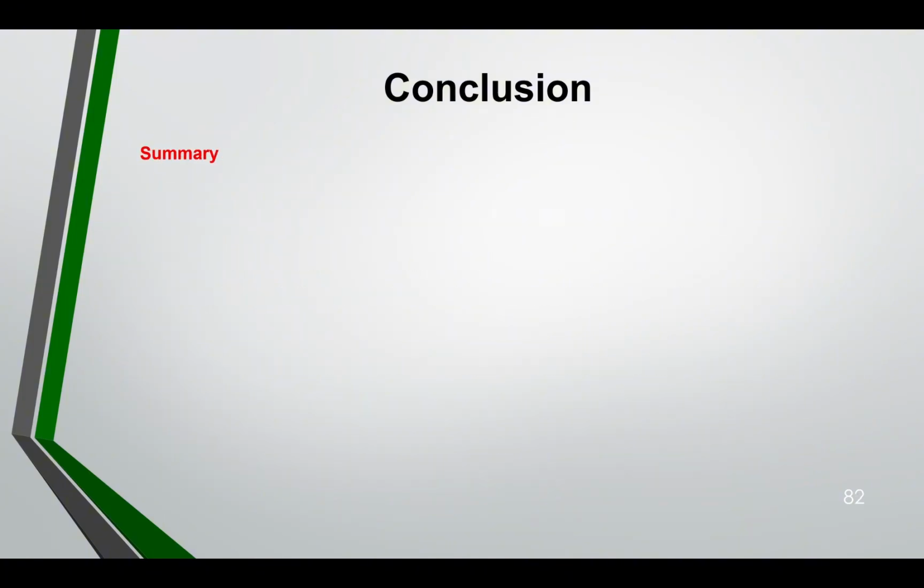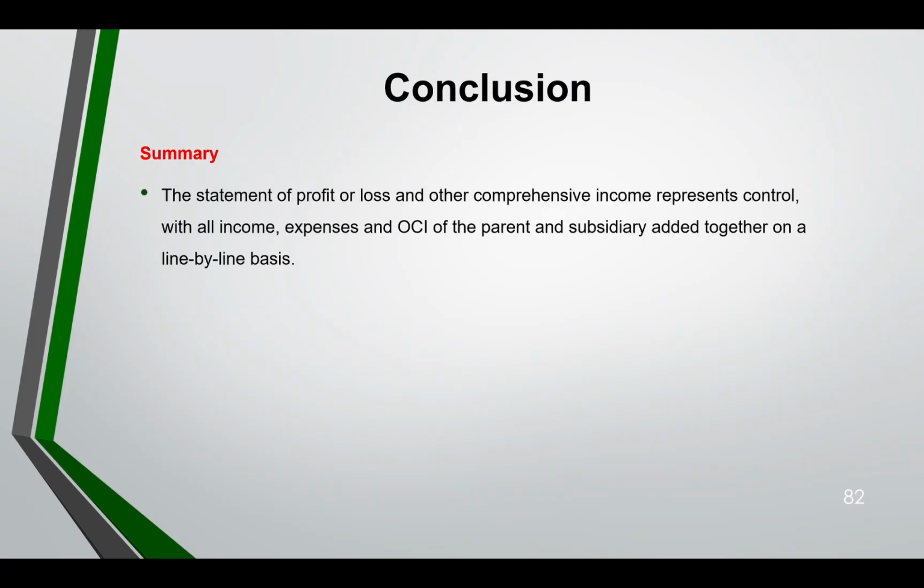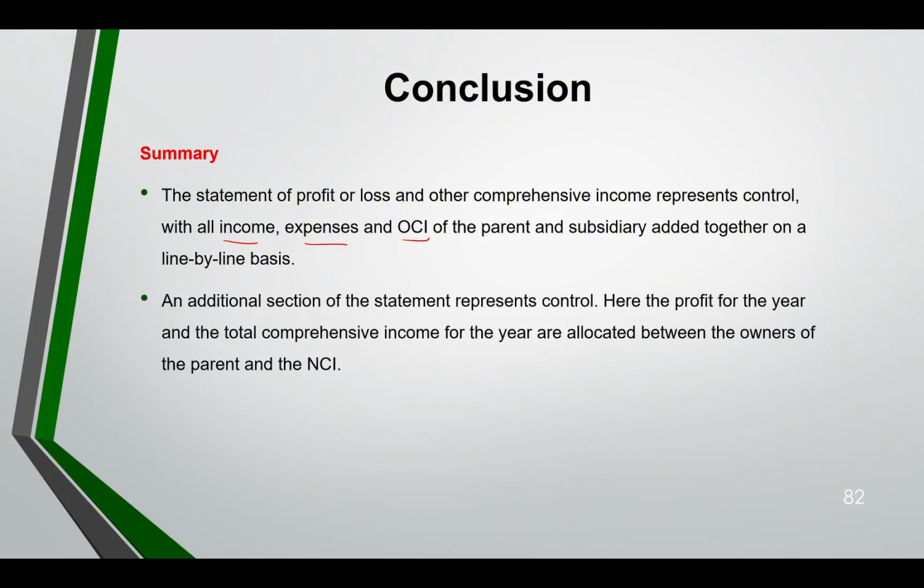So now let us summarize the lecture. The statement of profit and loss represents control, with income, expense, and OCI. So you will add them line by line for the parent and the subsidiary. Next, an additional section of the statement represents control.